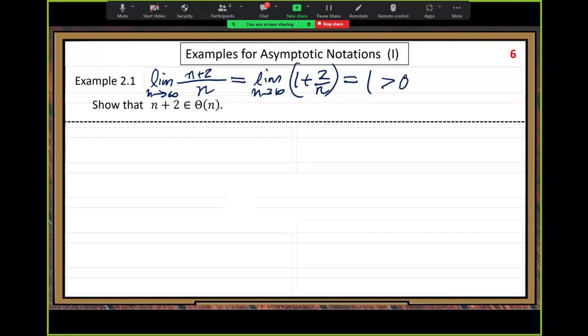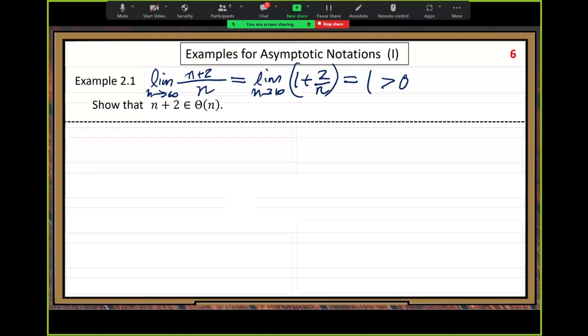So remember, when the ratio of f function over g function equals a non-zero constant when n goes to infinity, that corresponds to this big theta case, upper bound, lower bound case.